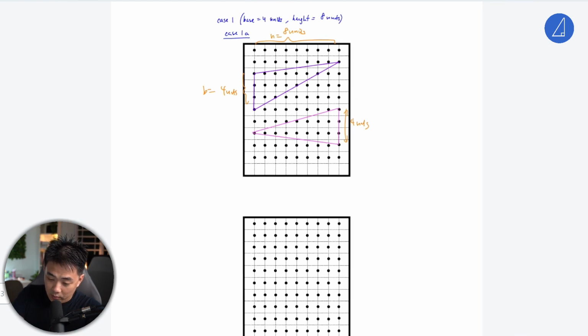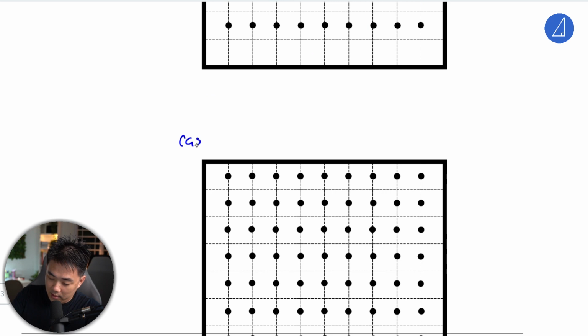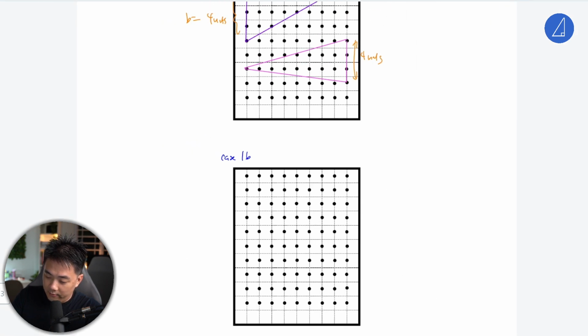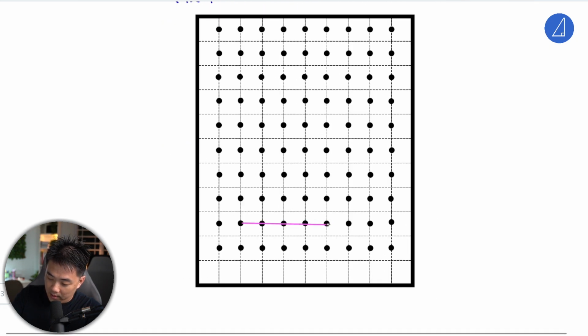Then case number 2, don't forget, case 1B, is that the 4 units will be here. Now it can be this direction here. Then the 8 units is vertically up. So 1 2 3 4 5 6 7 8. So it's like that. Okay. And don't forget, of course, we could also draw the triangle in this direction here.